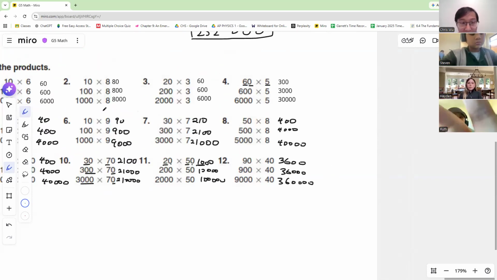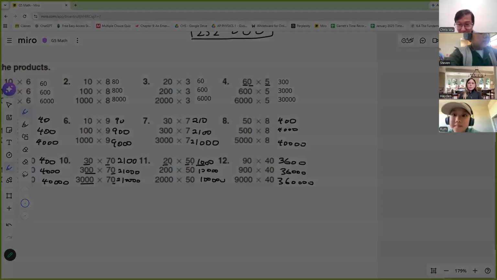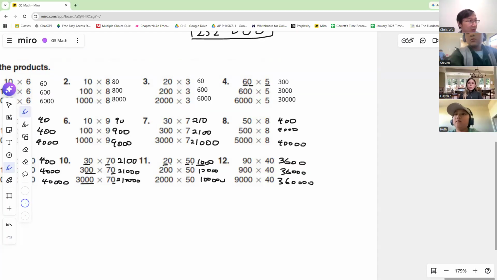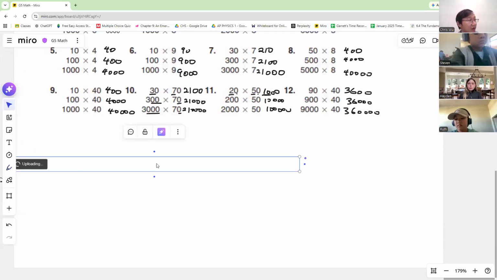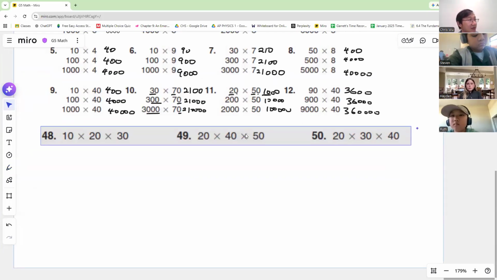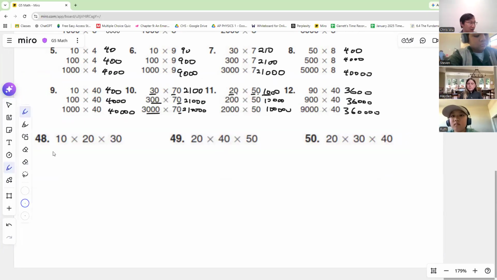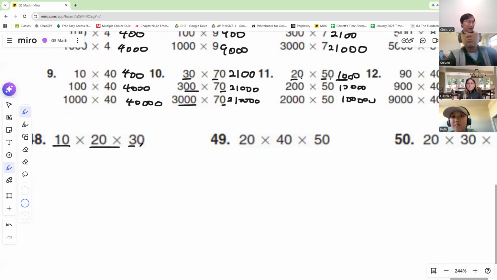So that's that. Now, let's move on to something a little bit more challenging. If I have to multiply 3 numbers together, how do I do that? Let me do a couple examples for you guys. All right, so what if I have 10 times 20 times 30, right?